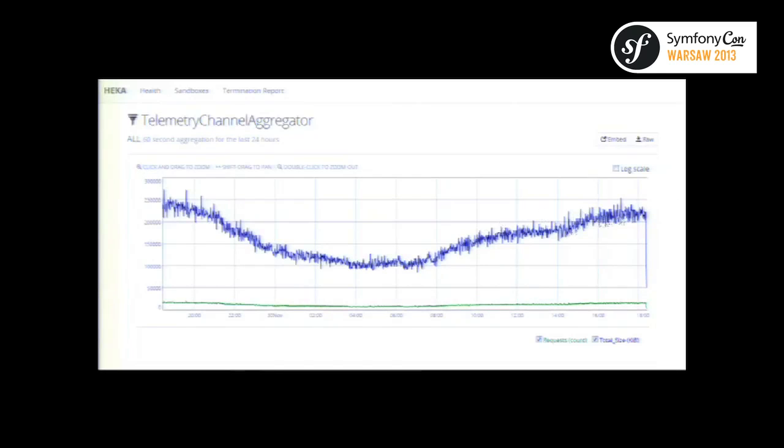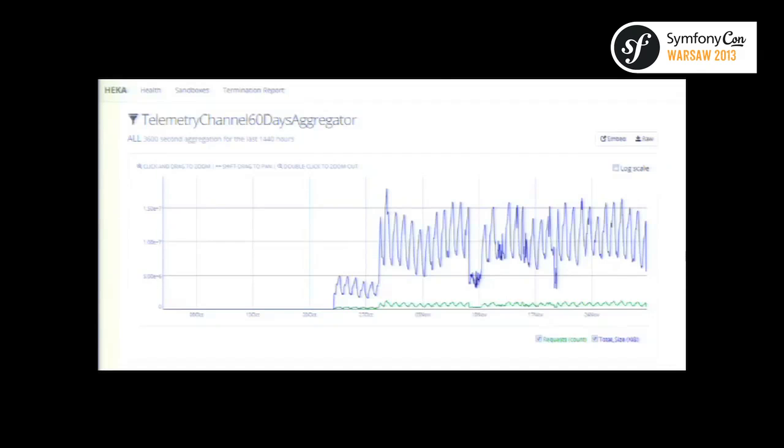Up here they have the bandwidth that's used, and then the amount of requests. And then they have one that's aggregated over 60 days. There it works a bit more like StatsD does, where you have these windows, like most of the old system monitoring tools, where they store data for n days with this aggregation, and then it's a rolling thing. And when it goes out of the graph, it's just gone.